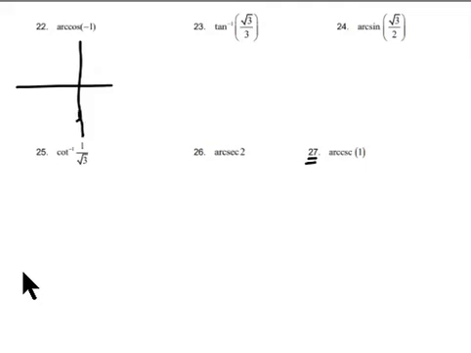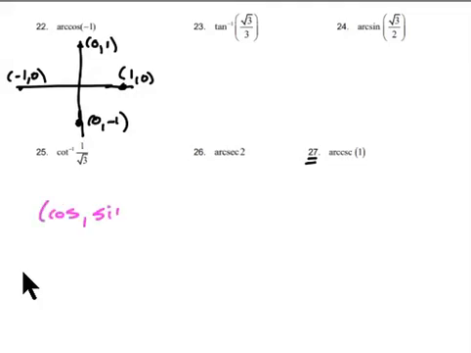Okay, so I'm going to think, this is 1, 0, 0, 1, negative 1, 0, 0, negative 1. And when it's on the line, we have to think that cosine is first, sine is second. And we're talking about where the cosine is equal to negative 1.